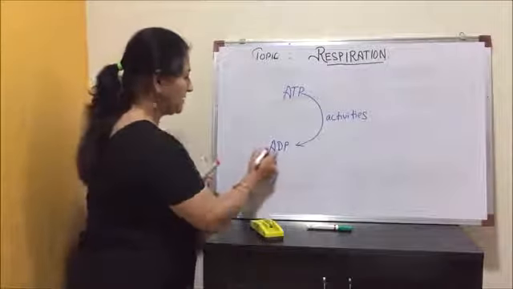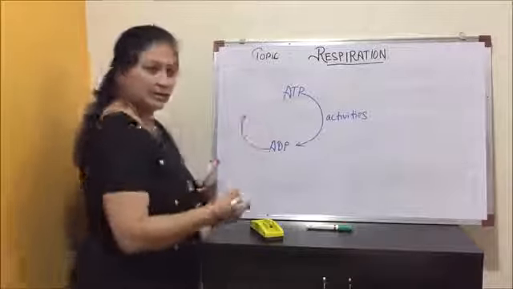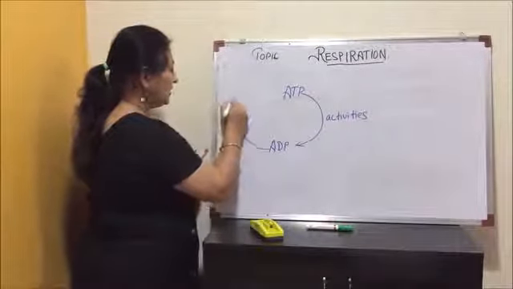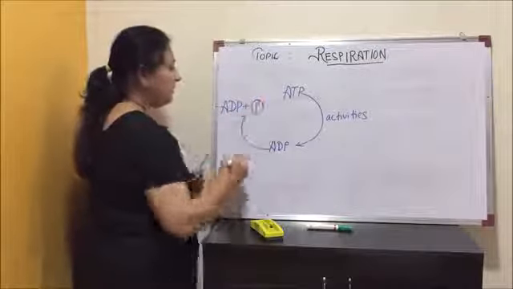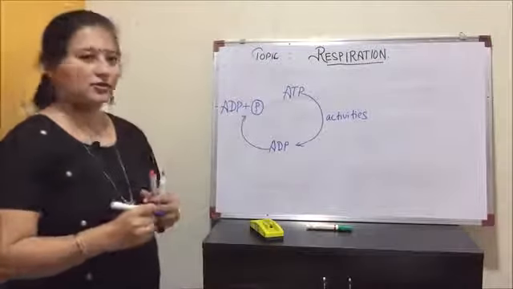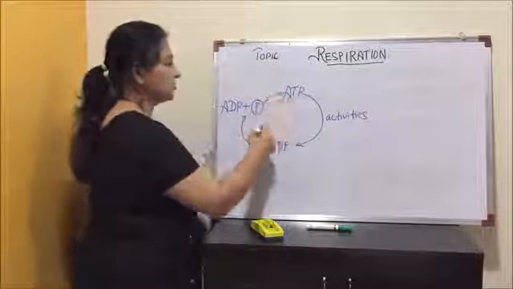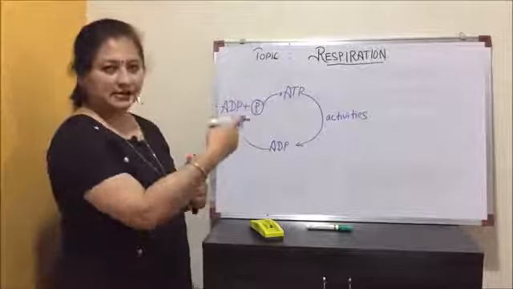Then what happened? This ADP will again get combined with inorganic phosphate, right? And then it will change into ATP. So this whole cycle takes place in the cell.